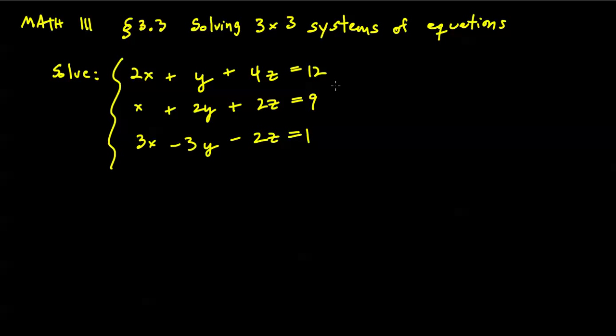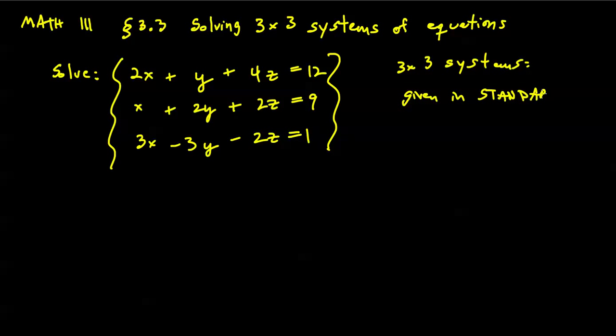To help make things a little easier, I will make some assumptions in this section only. For the 3 by 3 systems, they will always be given to you in standard form, meaning each equation will be of the form ax plus by plus cz equals d.